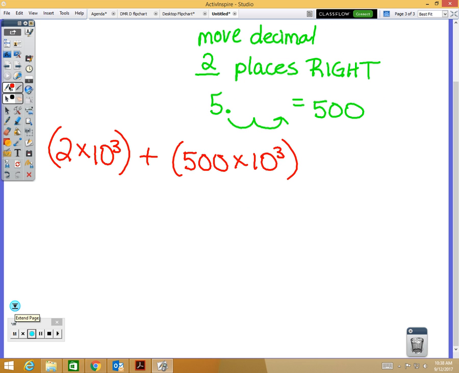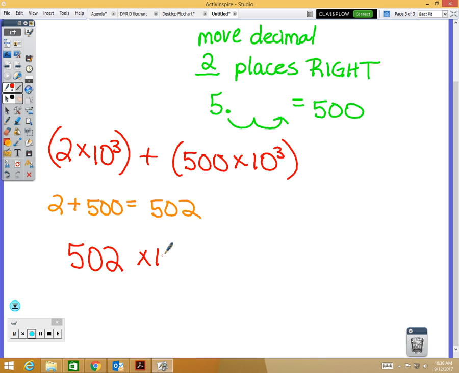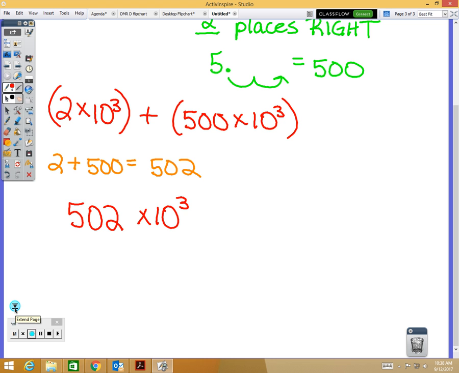So now that we have this step, we're going to add the numbers that are in front of the multiplication sign. So 2 plus 500 is 502. So my answer right now is 502 times 10 to the 3rd. Okay? But I'm not finished because it's not in correct scientific notation.